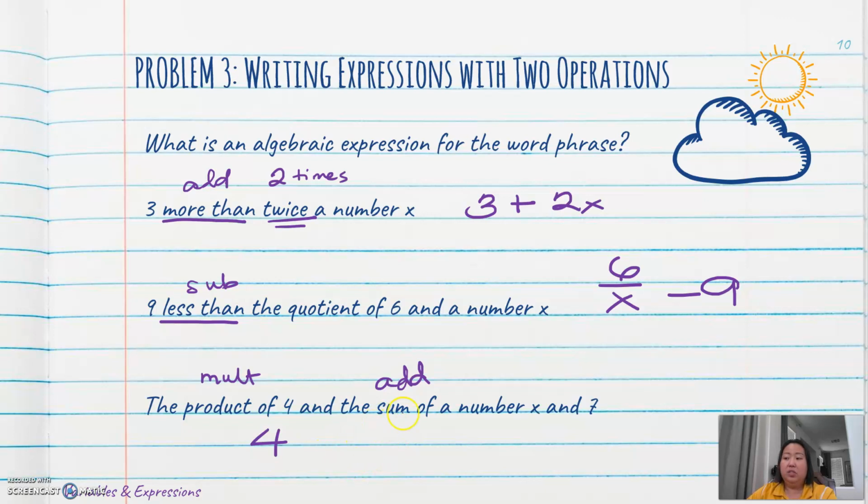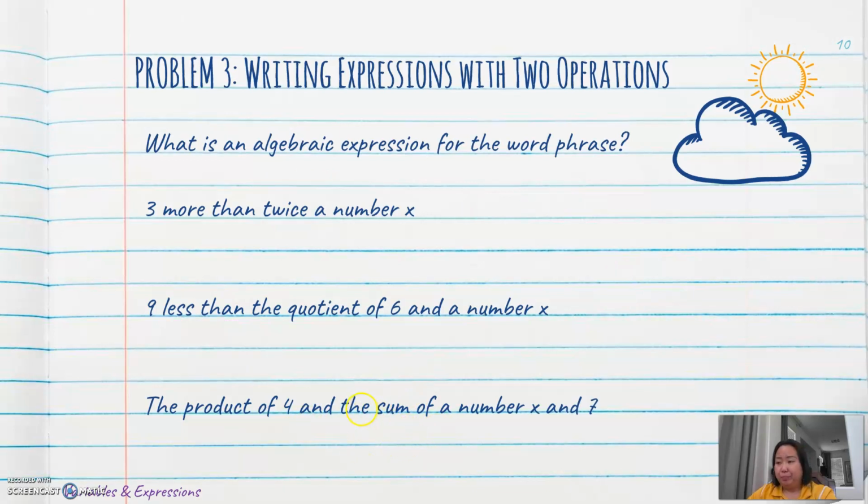It has to be the sum of a number x and 7. So there's going to be an x plus 7 expression. And what do we do with this 4? It has to be multiplied to x plus 7. So here we will be using our parentheses. This is 4 times the quantity x plus 7.